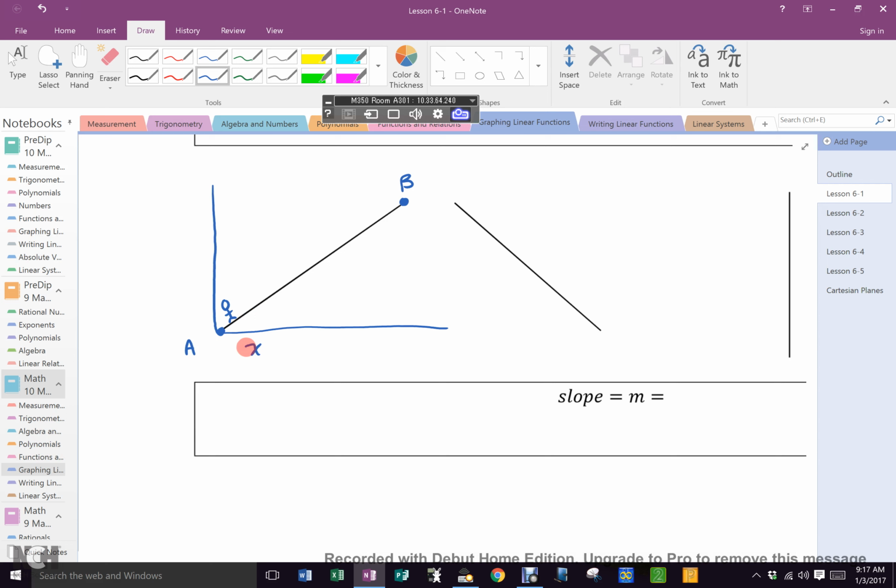Positively. So as I walk up here, my x is going to be going positive, isn't it? Everyone understand? Agreed? And as I walk up here, what is happening to my y value? It is changing as well. In what direction? Positively. So my y is going to change positively, isn't it?